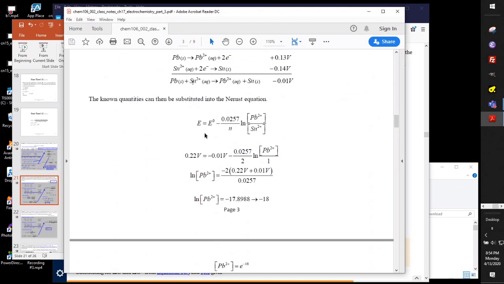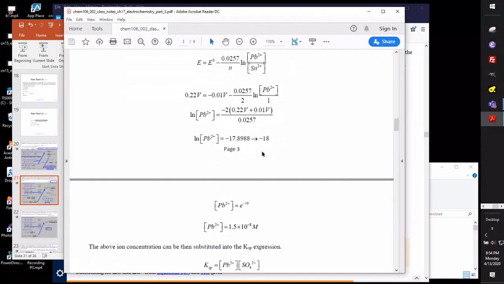So now everything that's known can be substituted into the Nernst equation. This equation we went over in part 2 last Wednesday. We're taking the natural log of the equilibrium constant. For this reaction, we have lead 2+ on top and tin 2+ on the bottom, and the solids don't appear. So if we plug everything in, we get natural log of the lead concentration.